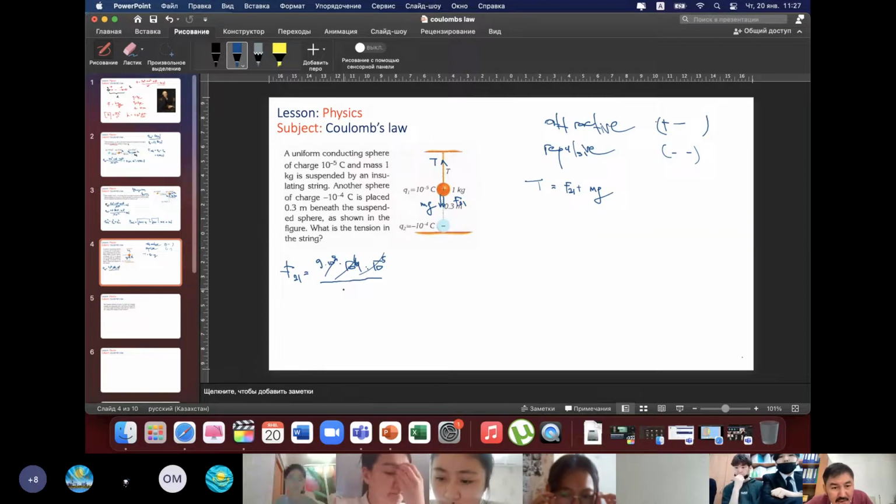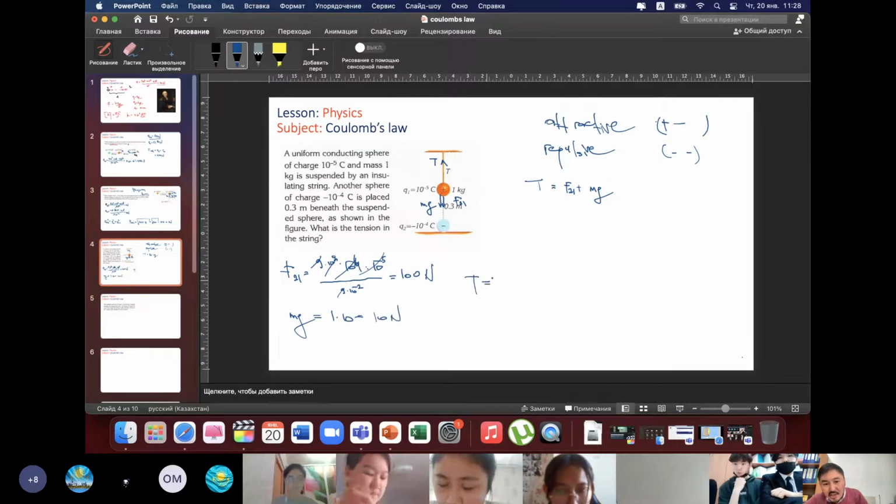And over the distance here, that is 3 times 10 to the power of minus 1; I take the square already. So in the upper side, I'll have 100 newtons. And mg, since I have to multiply 1 kilogram by 10, I'll have 10 newtons. So the tension is the sum of these two: 100 plus 10, and that will be 110 newtons.